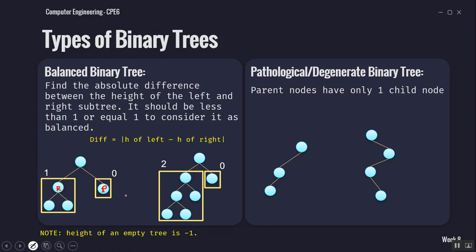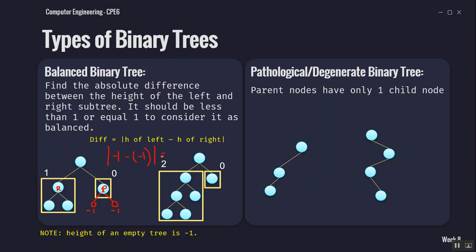So let's say, for example, here we have a missing node. We don't have a node here, so this is -1 and then -1. Now if we compute this, the height of the missing left subtree is -1 minus -1. And then of course the absolute value.